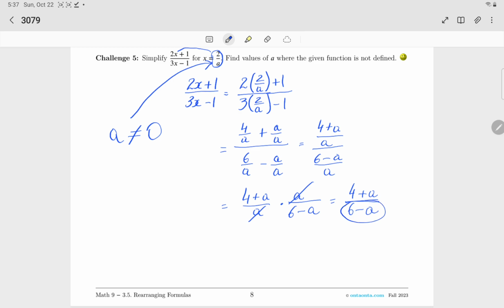We also know that 6 minus a also cannot be 0, for the same reason, because this would give us an undefined answer. There's no real number, no real answer. So if 6 minus a cannot be 0, that means a cannot be 6. So for this question, a cannot be 0 and a cannot be 6.